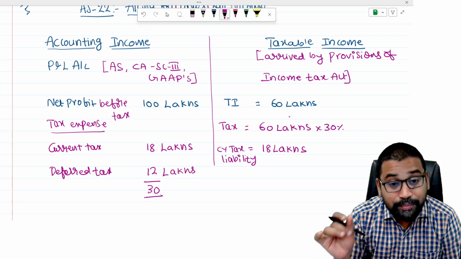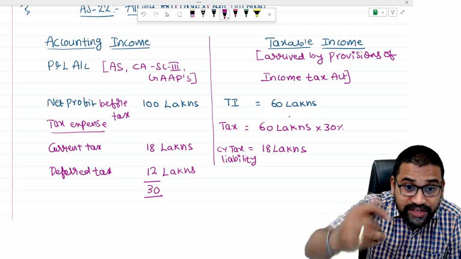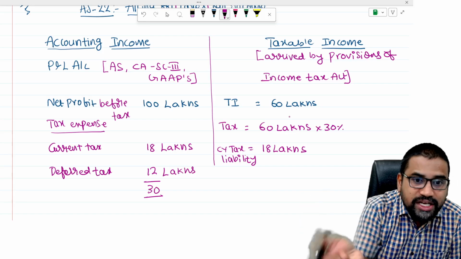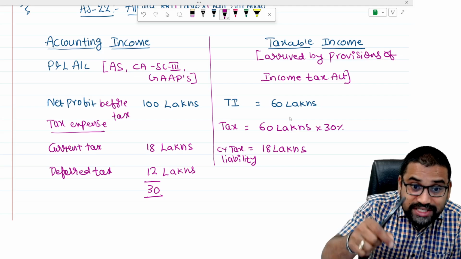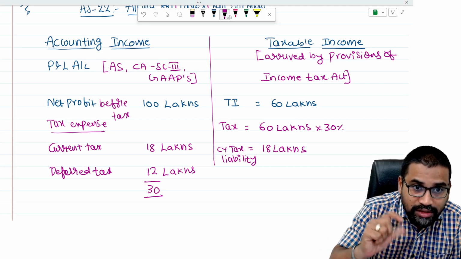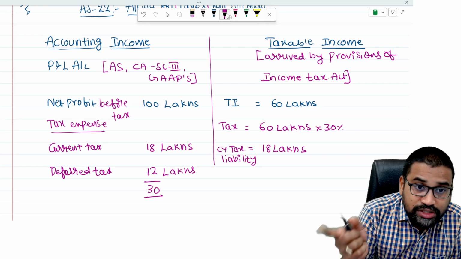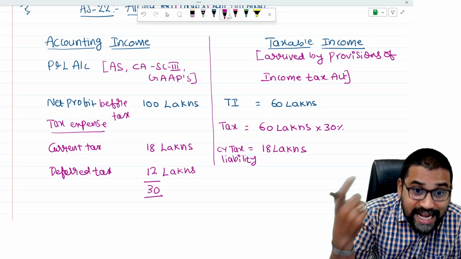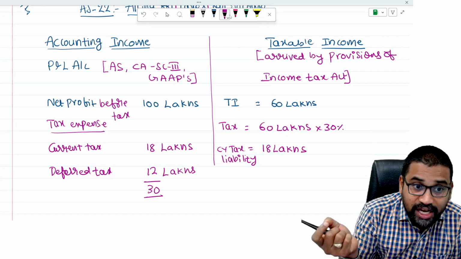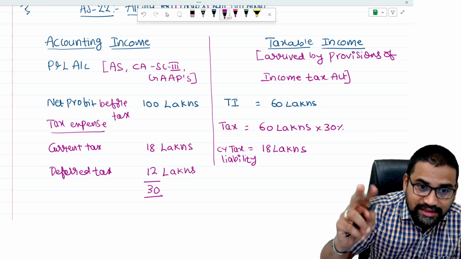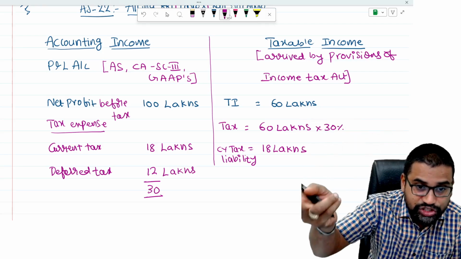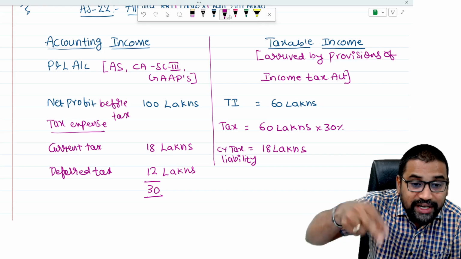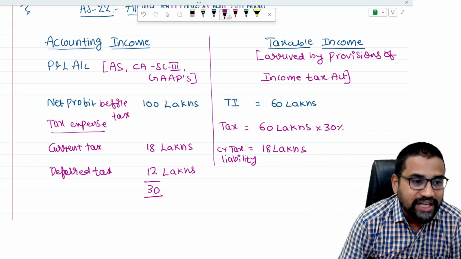That means this year there seems to be a difference, but in coming years it is going to reverse. So the difference which you are seeing now is going to reverse in future. Therefore why can't you anticipate the reversal, the future difference which arises now, and recognize that as deferred tax?